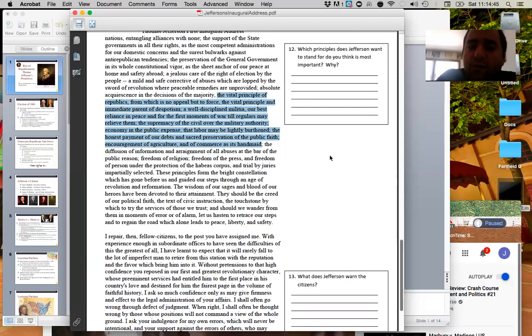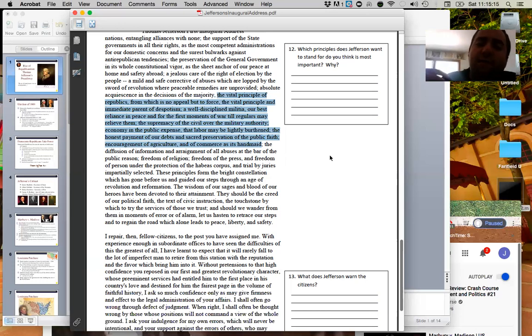Well, he does want to stand for the vital principle of republics, from which is no appeal but to force, the vital principle and immediate parent of despotism, a well-disciplined militia. Well-disciplined force, because if war were to break out, and first of all, we want to rely on peace, but if war were to break out, we need to have authority.